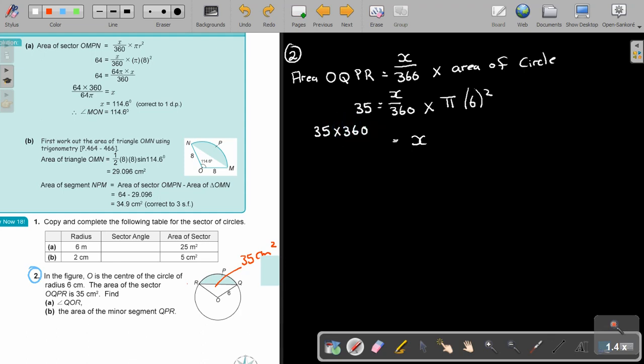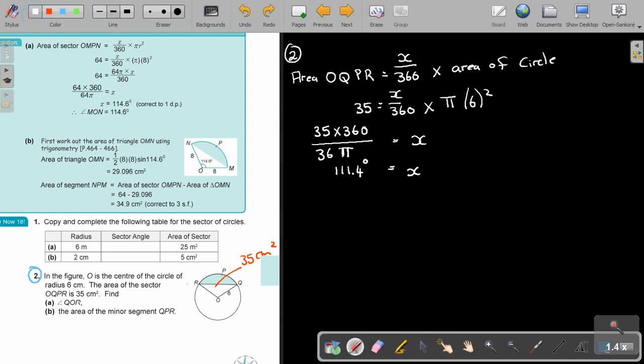Otherwise, you can just work it out first and then divide the total. And this is going to be 6 times 6, which is 36 pi. If I press that on my calculator, I will get 111.4 degrees.